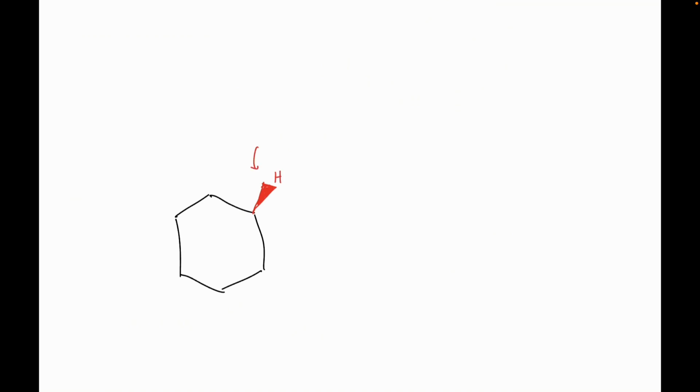So for example, here's one hydrogen. This is a bond that's pointing out of the page. It's like sticking up in the air when you see a bond on a wedge like that. Again, we call that a wedge. The other type is the opposite, which is a dashed bond.